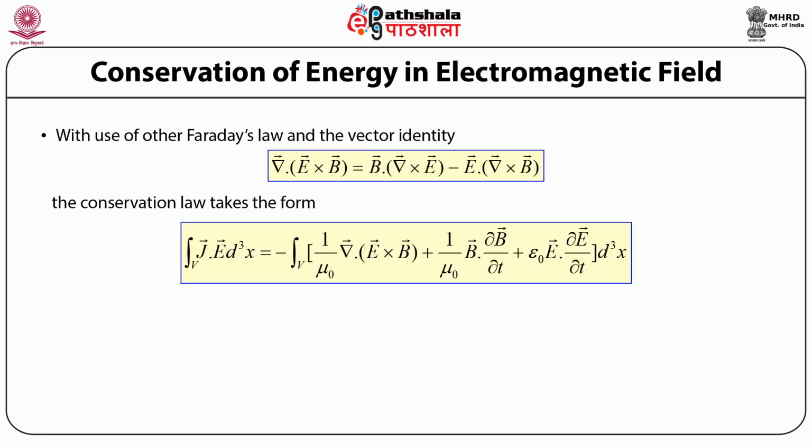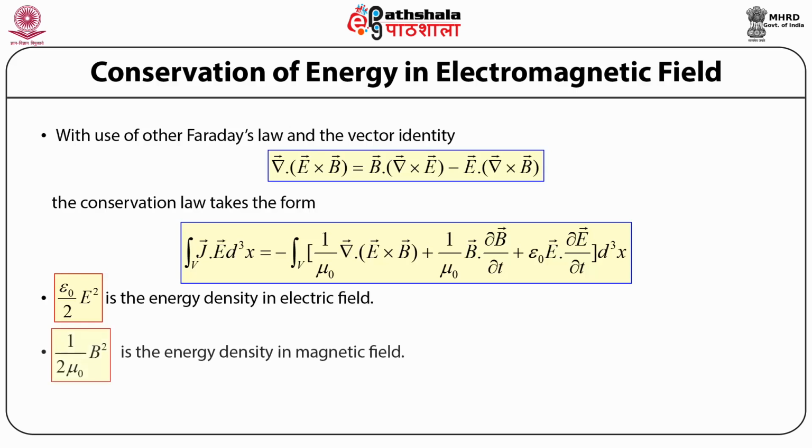So here, if we look at the second expression on the right hand side, then this expression can be written as epsilon naught by 2 times E square, where E is the electric field, and this gives the energy density in the electric field, while the second term on the right hand side of the above expression gives 1 upon twice mu naught times the square of the magnetic field induction vector B, which is the energy density in the magnetic field.